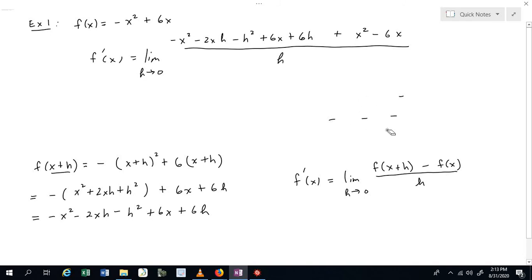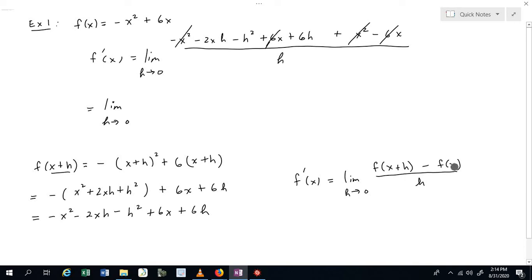Okay, so now let's see if we can't cancel anything. So this negative x squared would cancel with the positive x squared. And then the positive 6x cancels with the negative 6x. Now, let me just mention this.